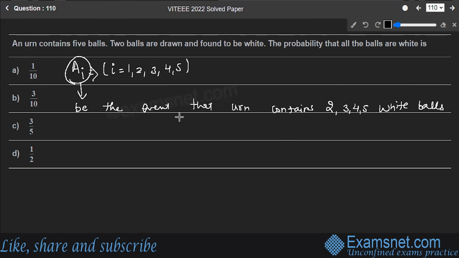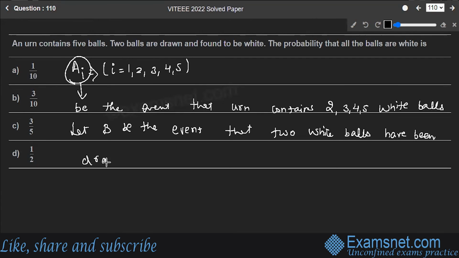And let B be the event that 2 white balls have been drawn.